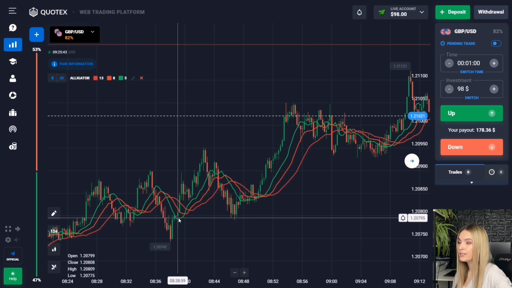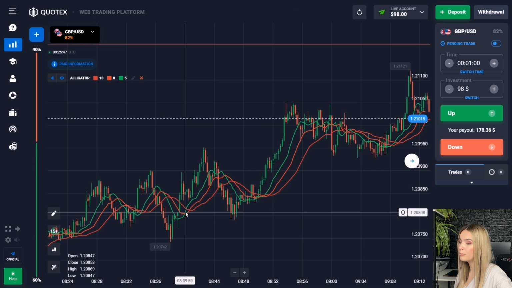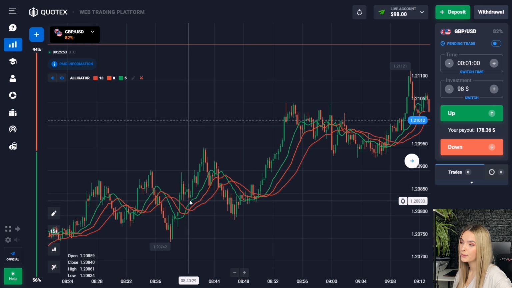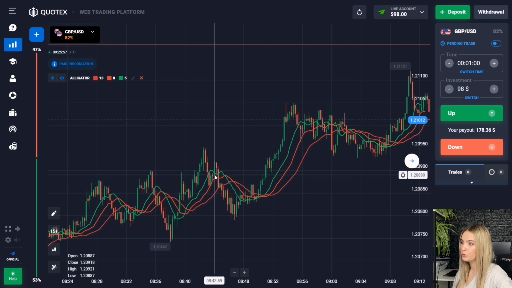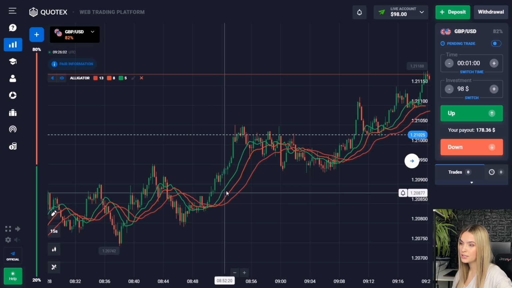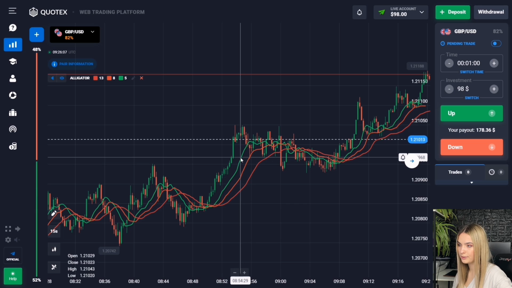And also when the green moving average crosses our second red moving average from the bottom up, this situation tells us that an upward movement is expected and here we could open a deal to go up. Also, when the moving averages have crossed each other and move parallel to each other and get further from each other, this situation tells us that there is a good, confident, directional movement.